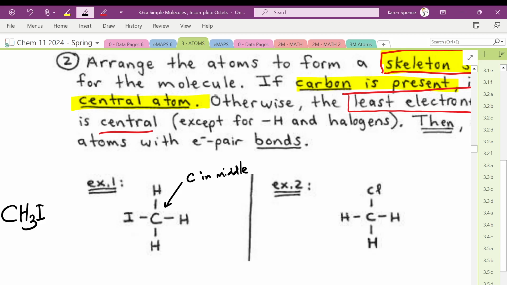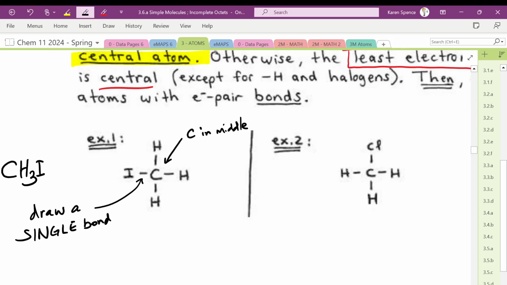And then to draw this skeleton structure, we draw a single bond to each of the outside atoms.